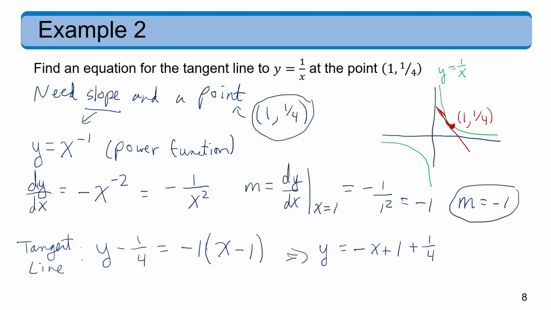And then one more step, we can combine the +1 and the +1/4. So we get y = -x, and if you get a common denominator of 4, those two add together to 5/4. And that's the equation of the tangent line that I sketched at the beginning in red up at the top.